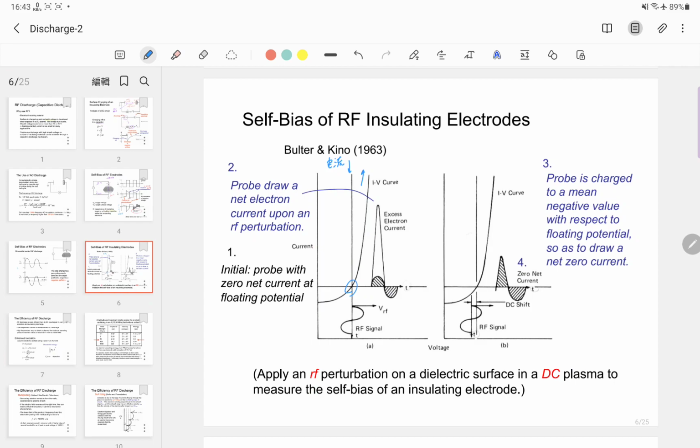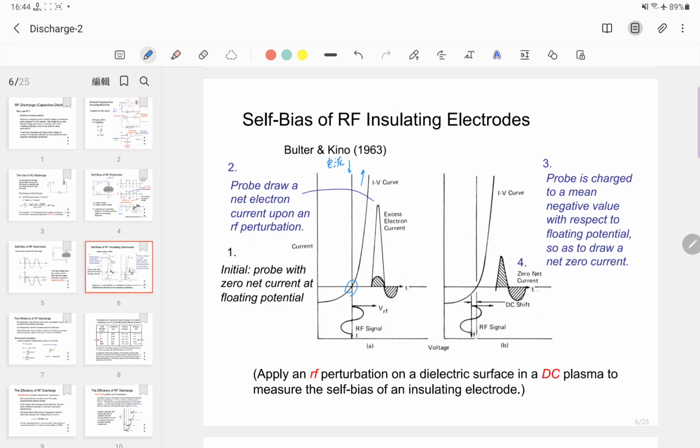After you pass the RF signal through, the probe collects more electrons than ions, so that the probe becomes negatively charged, and the potential of the probe will shift to a negative bias potential. Okay.